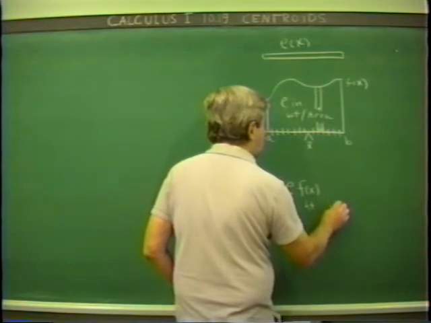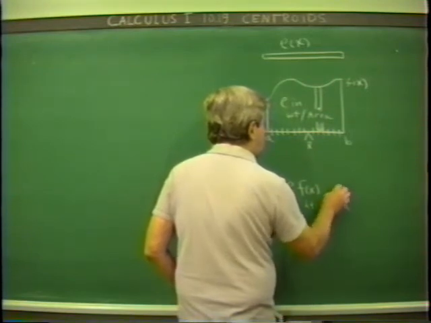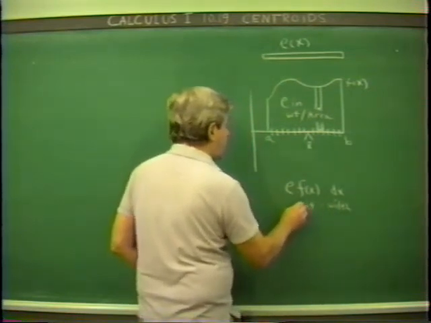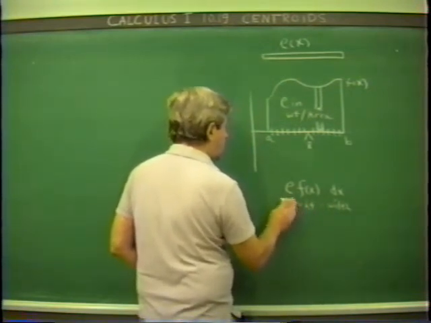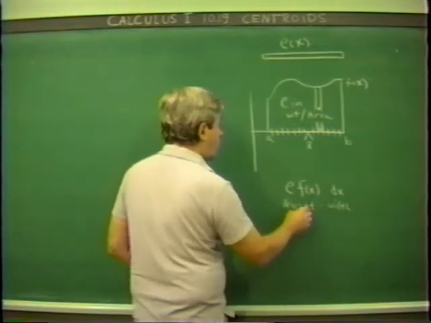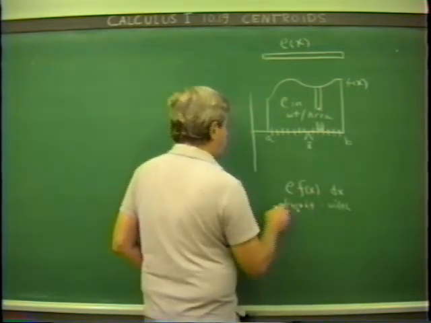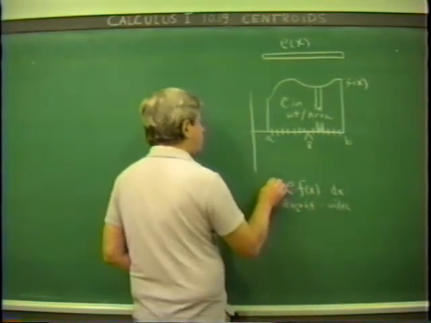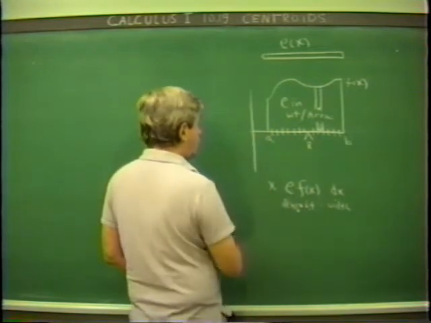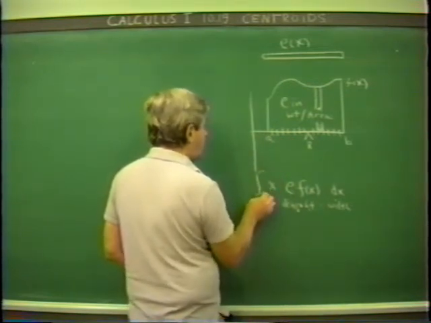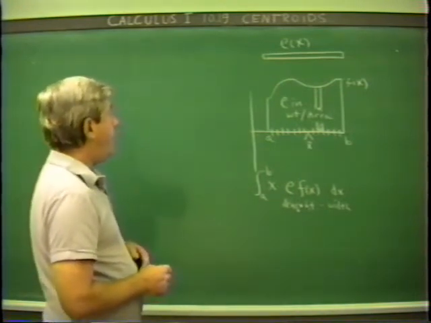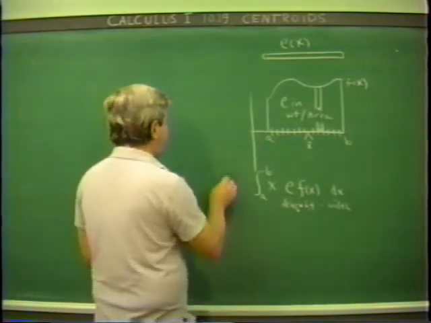The height is f of x, actually f of wi, but it's going to be f of x when we get to the integral. So this is the height. The width is dx, so that the height times the width is the area, times the density is going to give you the weight. And then times x is going to be the moment of that small piece about the origin.